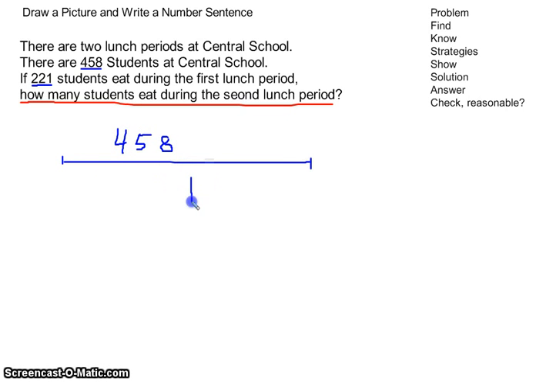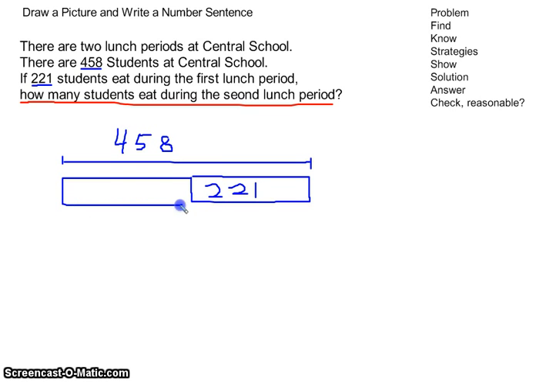So let's say this amount here is 221. And then there must be another group, the rest of the students, and I don't know how much this is. Question mark. This is how many students eat during the second lunch period. This is what I'm trying to find right here.